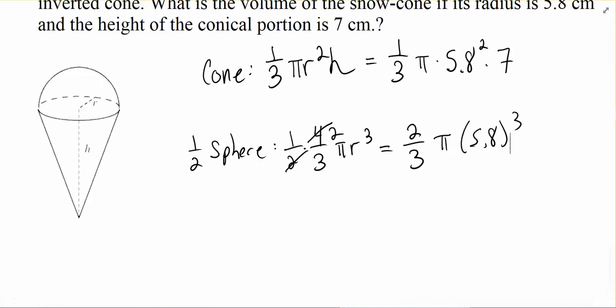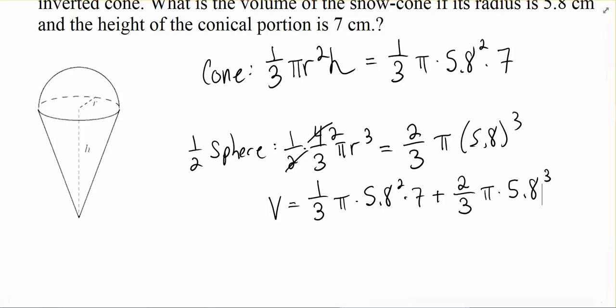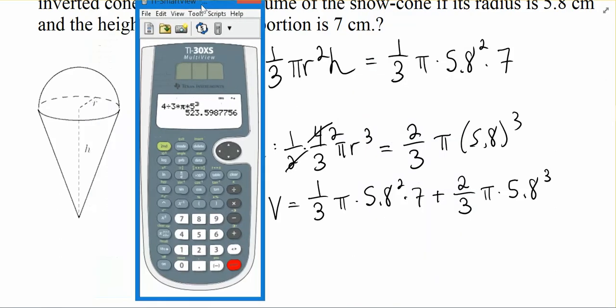So if we want to save our steps in the calculator, we could write this all out together, that the full volume is going to be 1/3 pi times 5.8 squared times 7 plus 2/3 times pi times 5.8 cubed. And we could put that all in one step if we really wanted to.